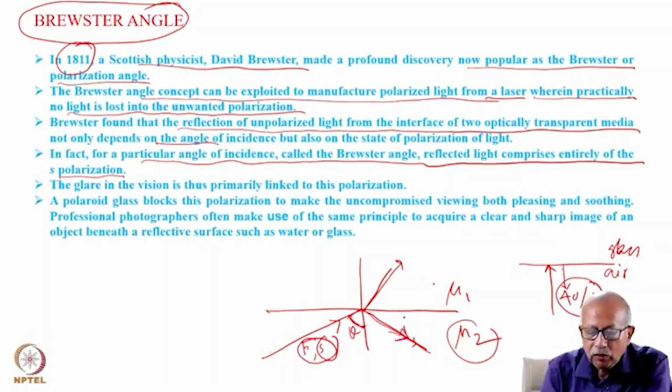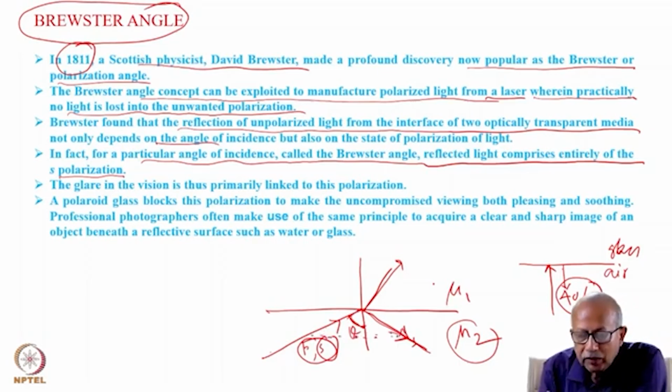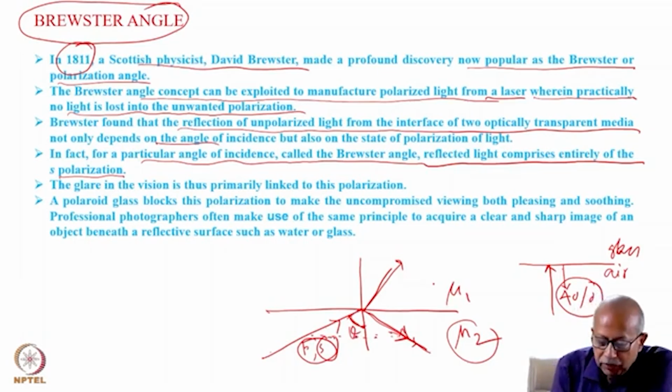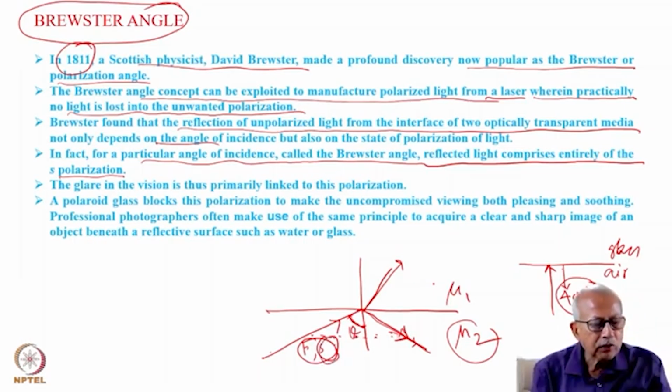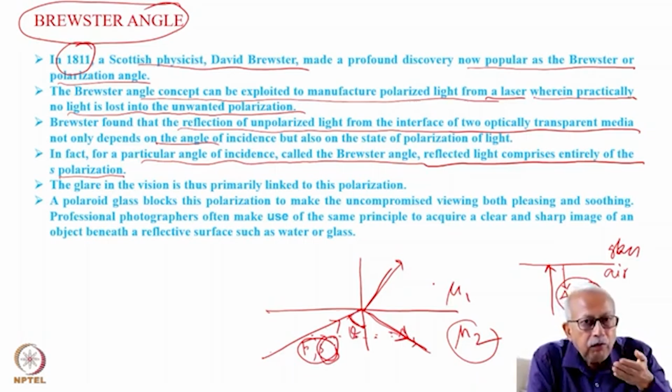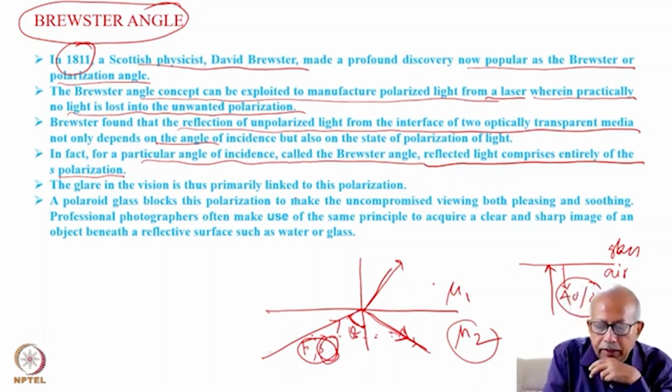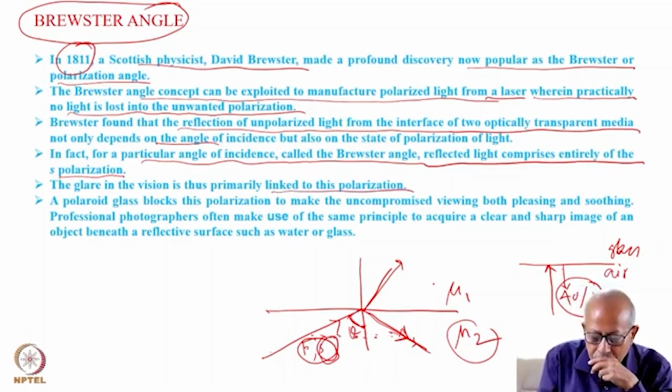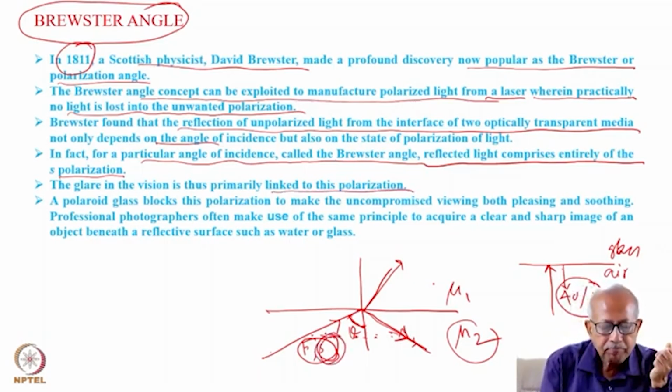So basically what we see is that the reflected light comprises mostly of S polarization. Therefore we can say that the glare in the vision that we saw in that picture, the reflected light, is primarily linked to S polarization, which is mostly reflected. So the glare actually contains S polarization.